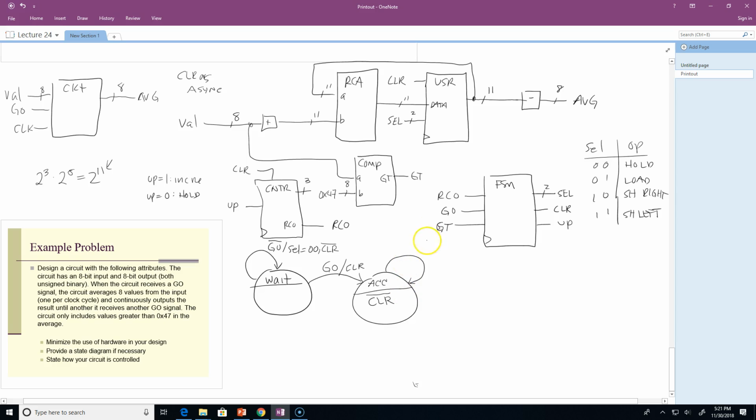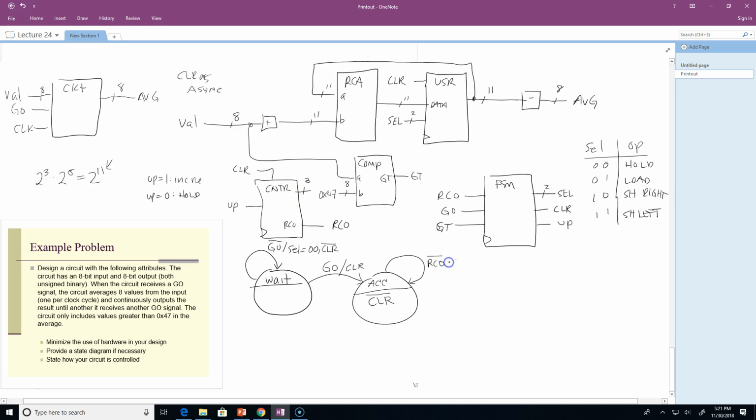So the first thing we're going to look at is the RCO not case. If RCO is off, I'm for sure going to stay in this state. But there are 2 cases of RCO not. There's RCO not when GT is on, which means the input's greater than 47.